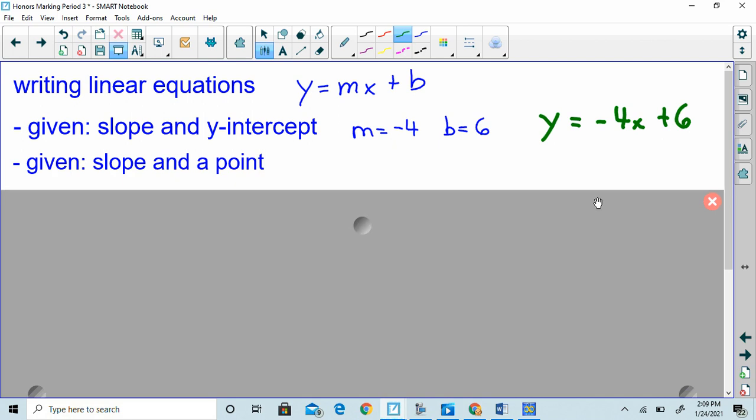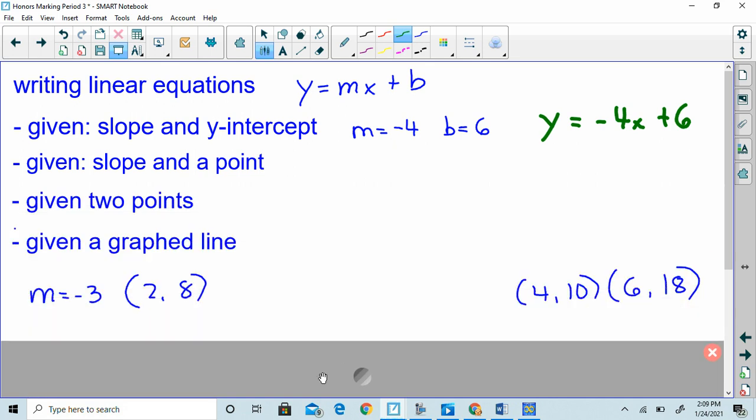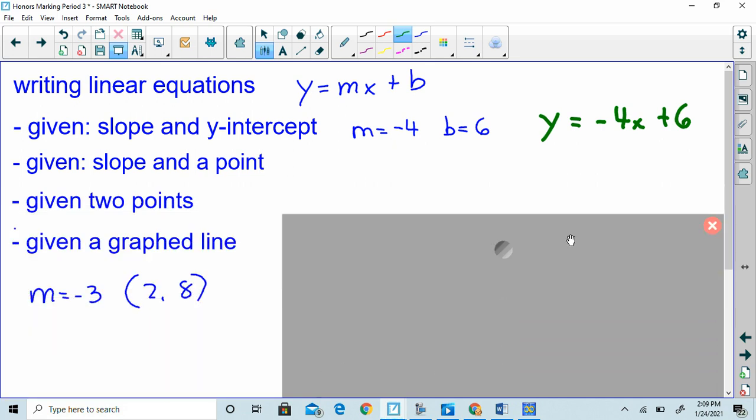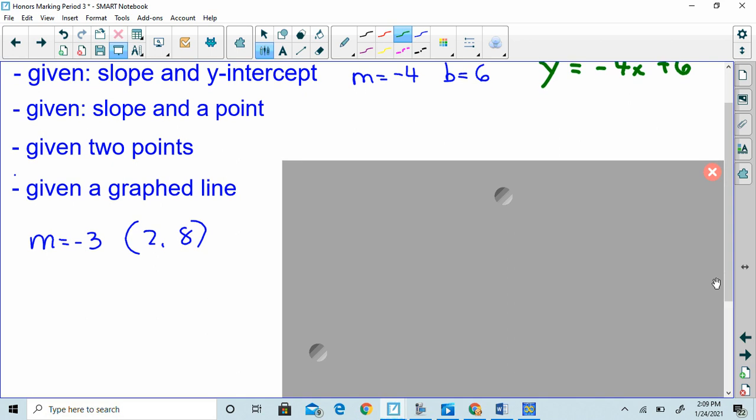Then we found out that we could be given the slope and a point on the line. Let's look at an example of that. Here on the left, my slope is -3, and there's a point on that line, (2, 8). So using my model, I'm going to replace my x and y into the model, as well as my m. So y, which is 8, is equal to -3 times 2 plus b, and we're solving for our y-intercept b.